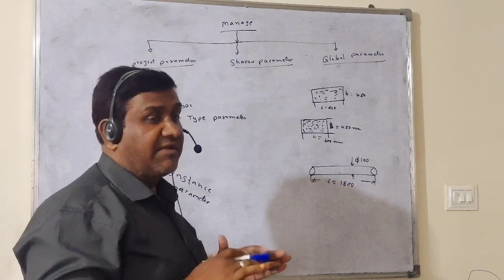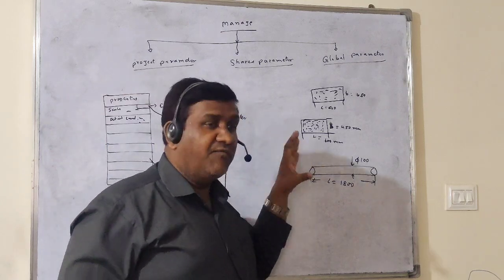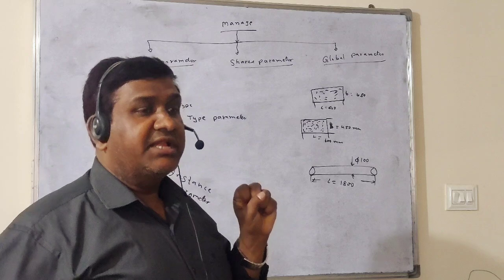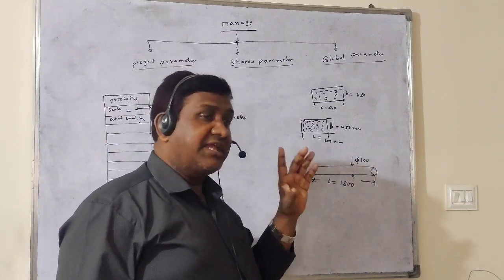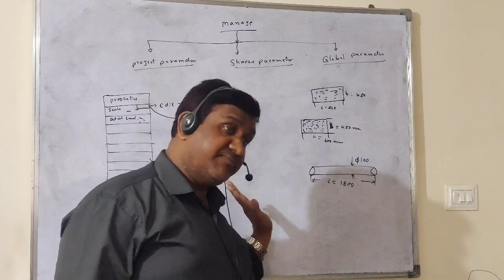Got it? I will tell you once again. If you want to change a component and the change affects only that component individually, that type of parameter we call an instance parameter.